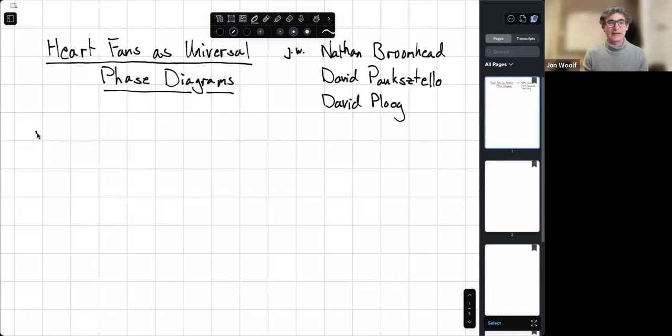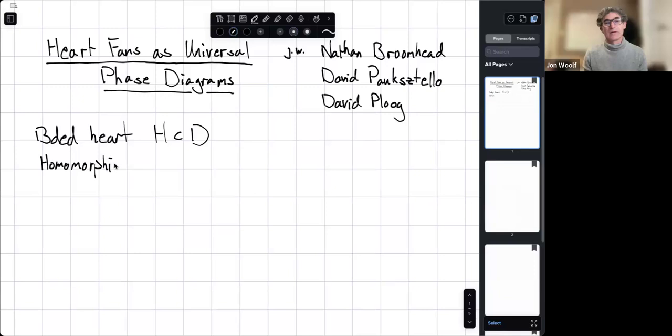The situation that I'll always be working in is thinking about a bounded heart, H, sitting inside a triangulated category, D. And the other bit of data that I want to fix from the beginning is some homomorphism from the Grothendieck group, K0 of D, equivalently K0 of H, to some finite rank abelian group, lambda.